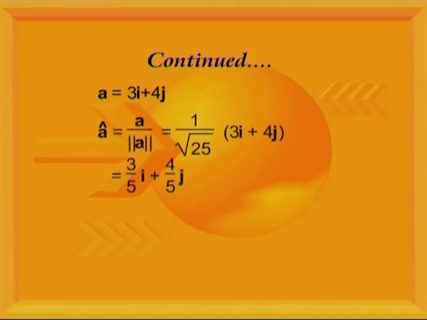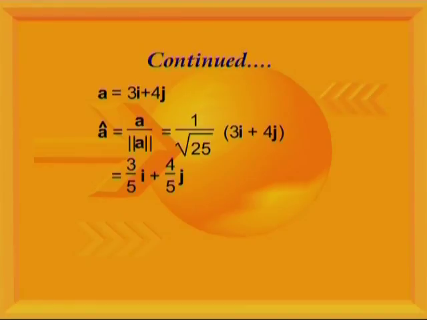First of all, we will find the unit vector along this vector. The magnitude of the vector a is 5, so we will divide it by 5. So the unit vector along the direction of a, that is a cap, is equal to 3/5 i plus 4/5 j.